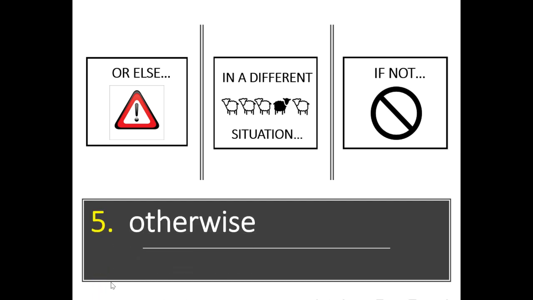They all show something to the effect of otherwise. So instead of or else, you can say otherwise, or instead of in a different situation, you could say otherwise, or if not. Again, this is a compound word, other and wise.